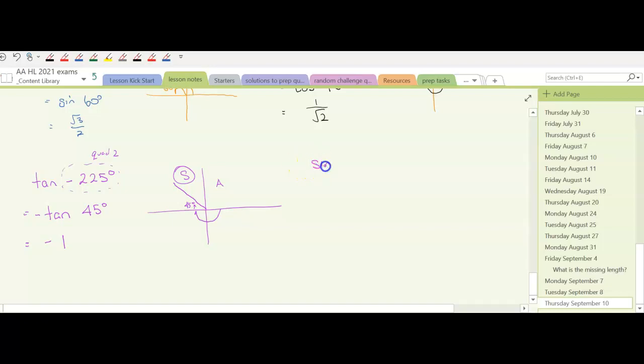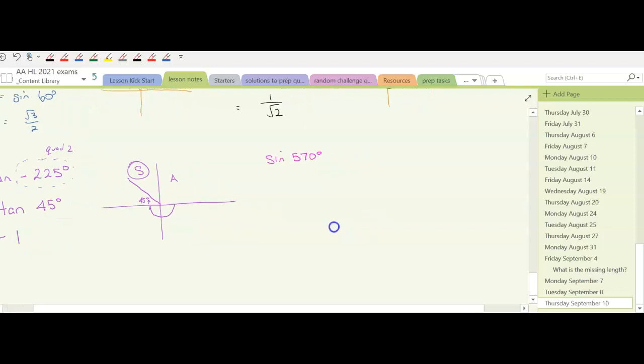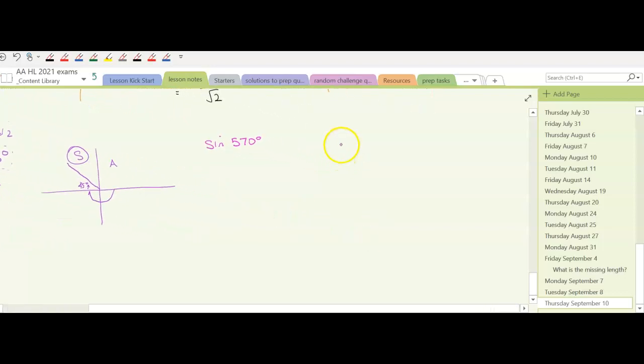One more, let's do sine of 570 degrees. Pause the video and have a go. 570. So I'm just going through 360, and I'm wrapping around. Another 180 makes me 540, and there we go. I'm creeping into this quadrant on the second lap by 30 degrees.